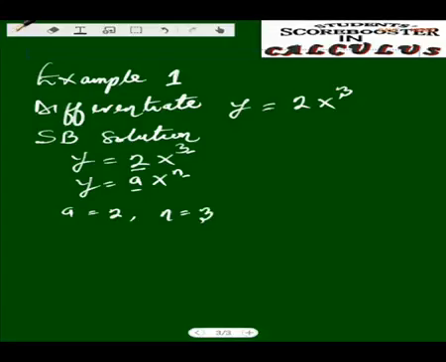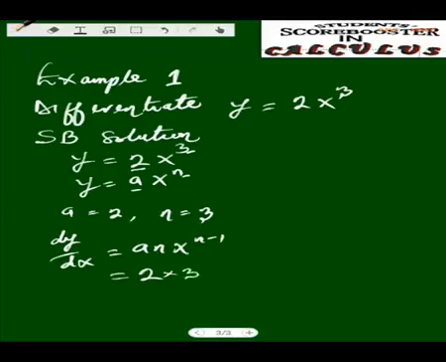Now remember the formula for derivative. dy/dx is equal to anx^(n-1). That is the formula. So what is your a? From the question that we have, our a is 2, times, what is our n?